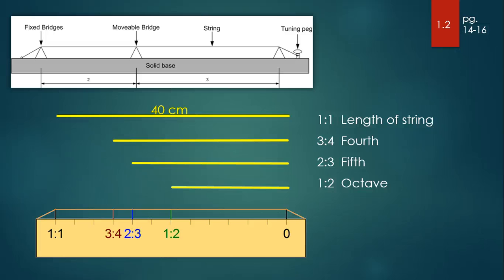The 3 represents the length of the shortened string. So we can solve the proportion 3/4 equals something out of 40. And we'll find that the shortened string needs to be 30 centimeters long to play a note that's 1/4 higher than the original note.